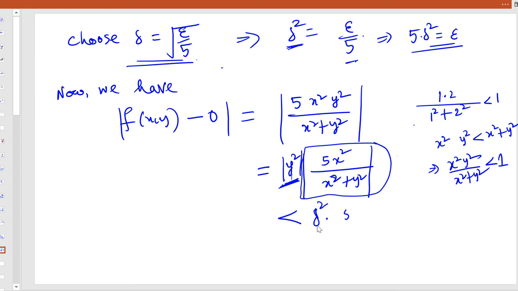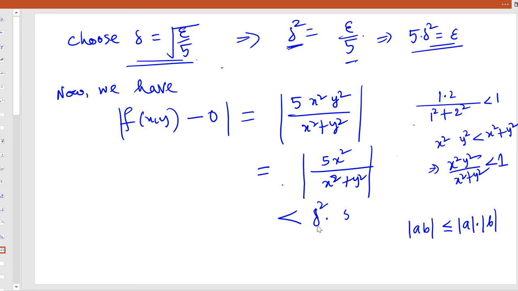Now for a, b, we can write a dot b. So from here we can write this. This is also a positive quantity.